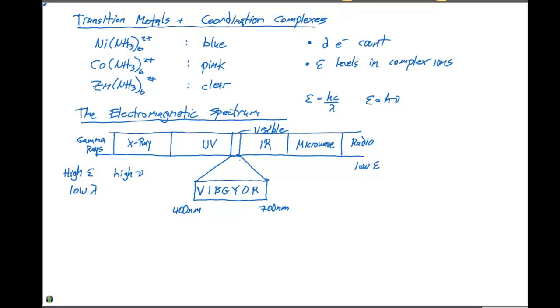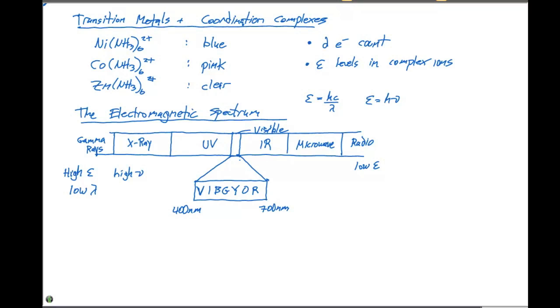So the point of this slide is to show that each of the wavelengths of visible light has a different energy. We can use that energy to come up with electronic structure information in a particular atom, molecule, or complex ion.